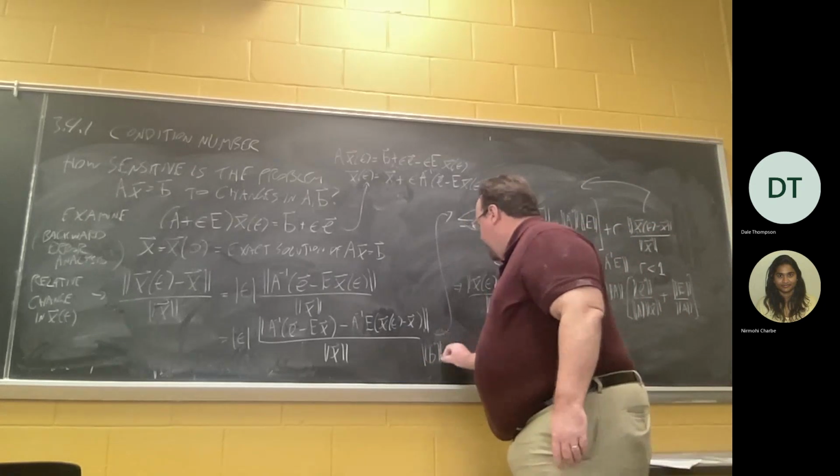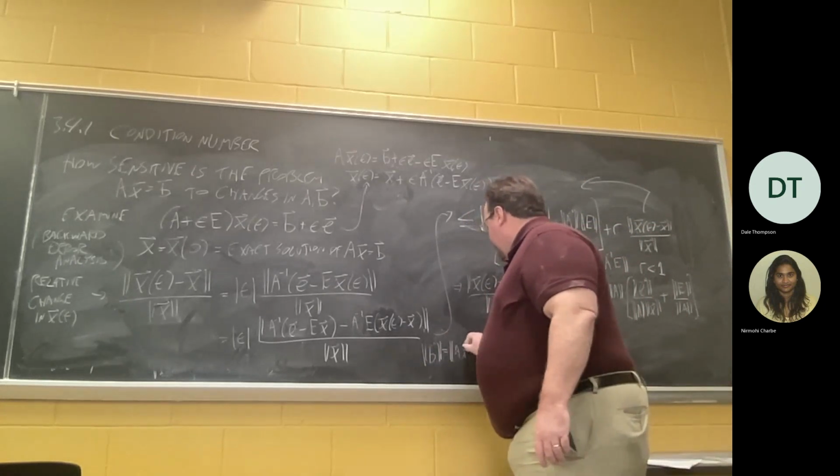Now, norm of B equals norm of AX, since B is AX.